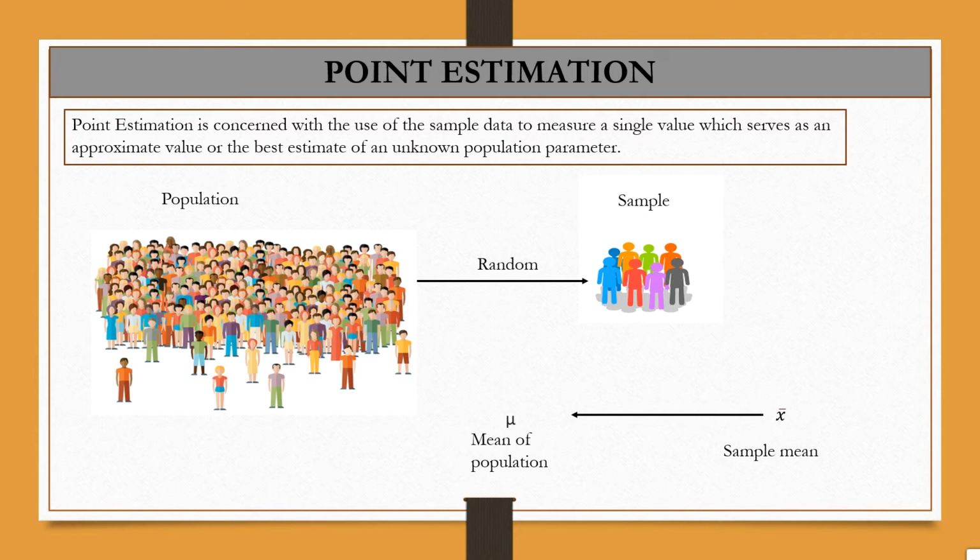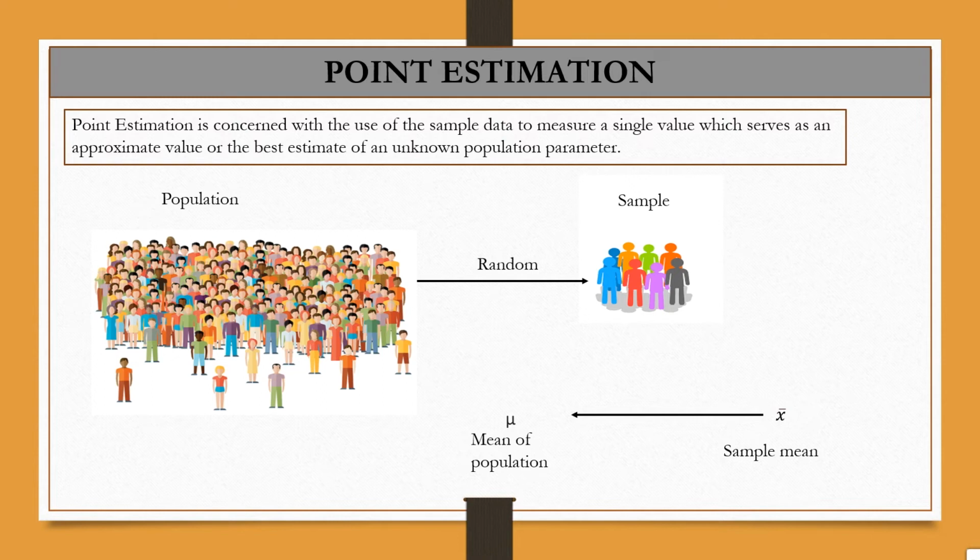For example, in order to calculate the mean of a huge population, we first draw a sample of the population and then find the sample mean. The sample mean is then used to estimate the population mean. This is basically a point estimate. You are estimating the value of one of the parameters of the population, generally the mean. This is what point estimation is.